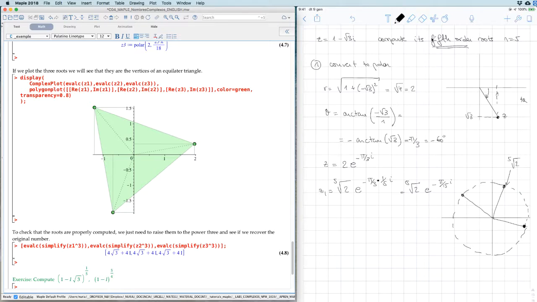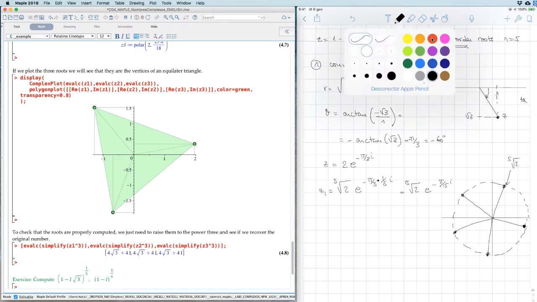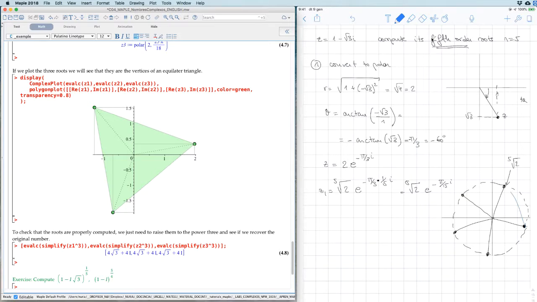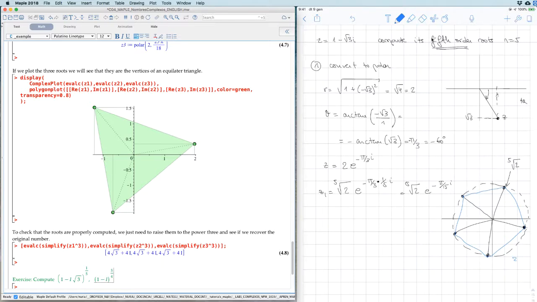It's not going to be a good plot. 1, 2, 3, 4, and 5. So in the end, if we make a good plot, this is going to be a regular pentagon, okay? If I have a total angle of 2 pi, the angle between each of these is going to be 2 pi over 5, okay?